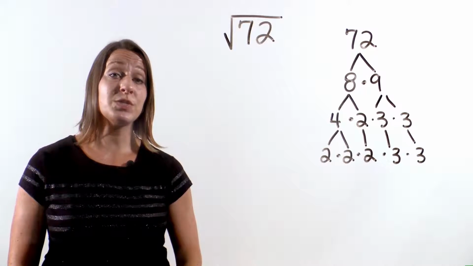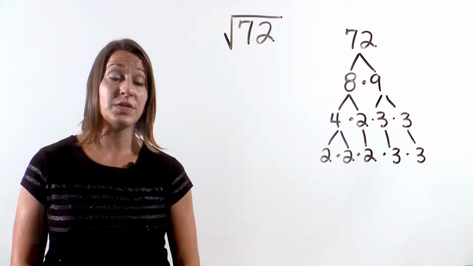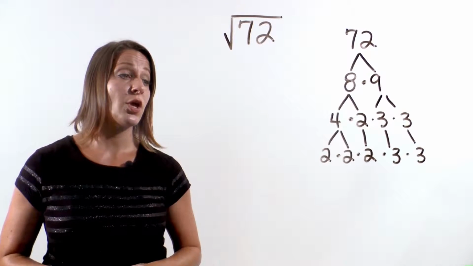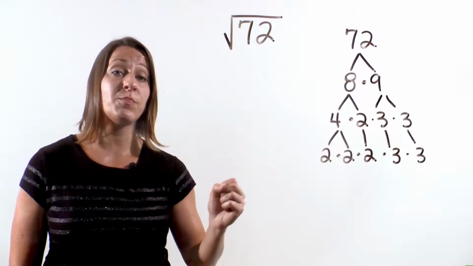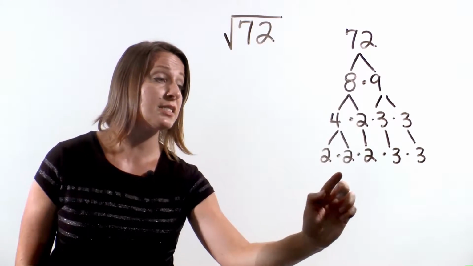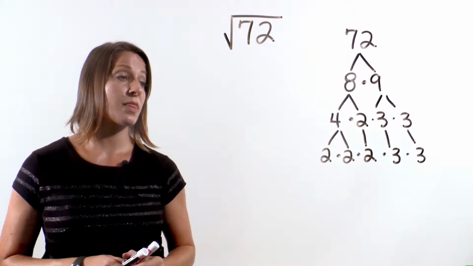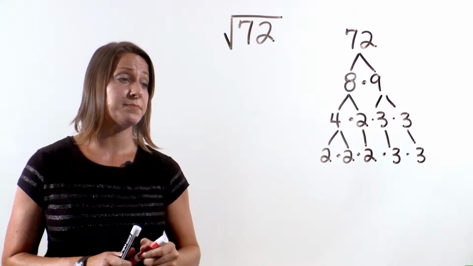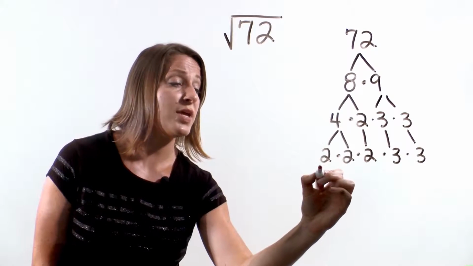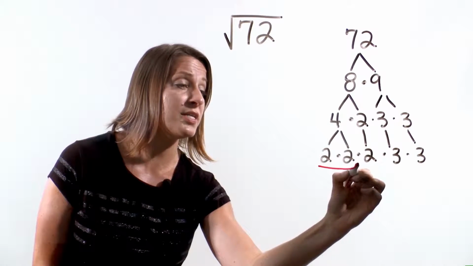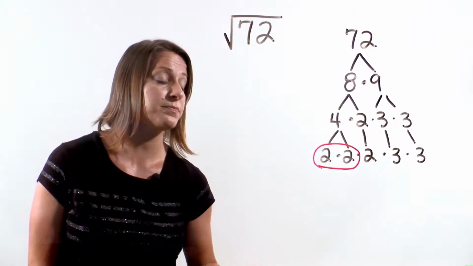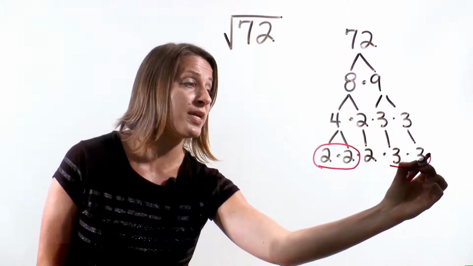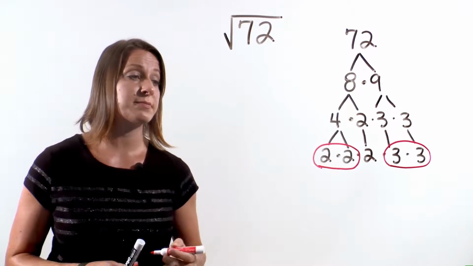Next, because we're taking a square root, and remember the word squared means a 2, we're going to look for sets of partners in this bottom level. I like to call them twins. We're going to look for twin numbers. For example, we have a set of twin 2's, and we have a set of twin 3's.